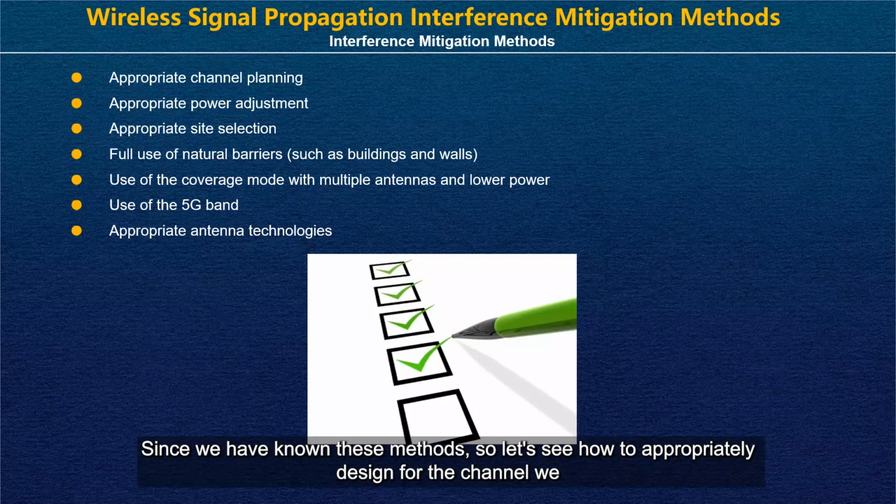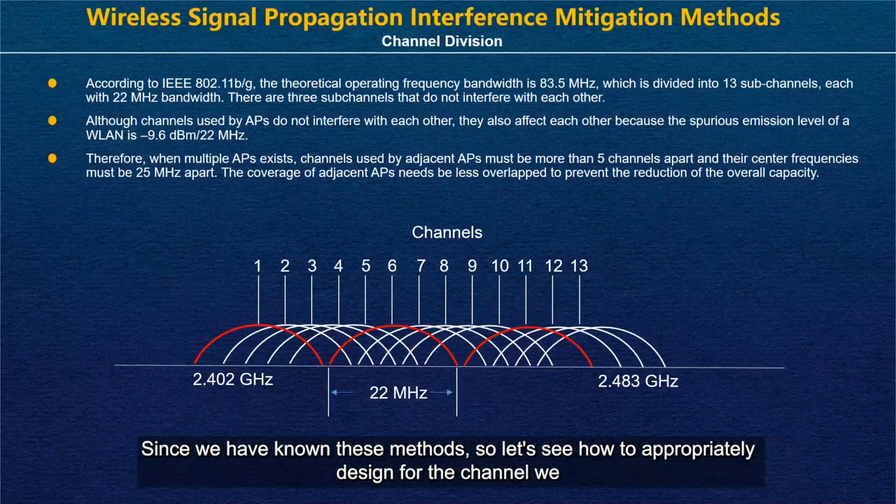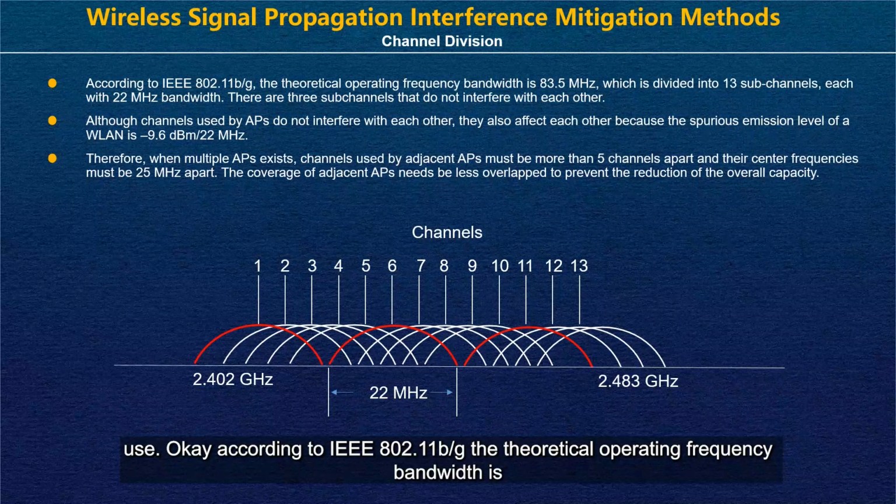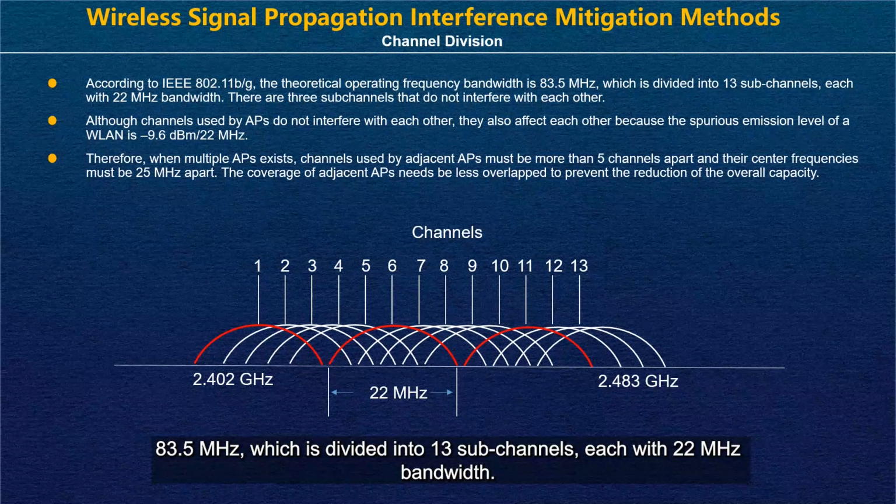Since we have known these methods, let's see how to appropriately design, for example, the channel we use. According to IEEE 802.11b and g, the theoretical operating frequency bandwidth is 83.5 MHz, which is divided into 13 subchannels, each with 22 MHz bandwidth.